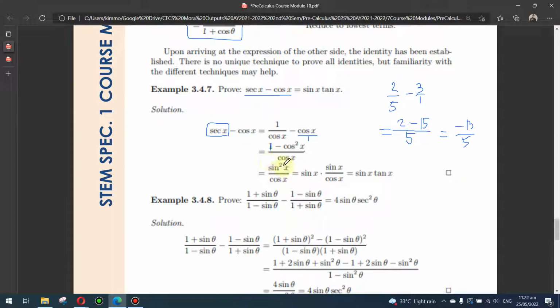Then again, sine squared is equal to sine times sine, no? Sine times sine over cosine. So ato ning ibulag since multiplication man ni siya, sine times sine over cosine. So pwede ra na bulagon nga may mo siyang sine times sine over cosine.